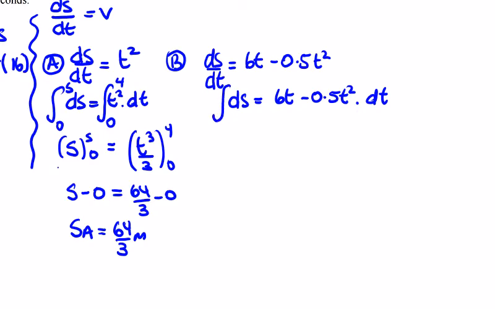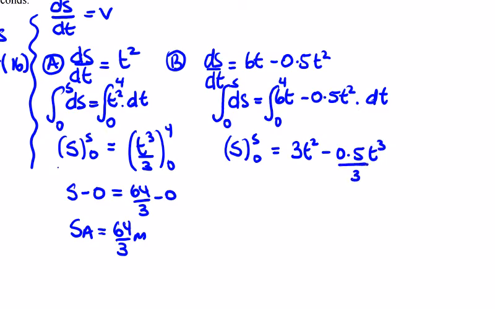So if we integrate both sides and find the distance in the first 4 seconds, we'll get s. You could skip a stage if you wanted, but don't. 6t squared over 2, 3t squared, minus 0.5 t to the power 3 over 3. And that's between 4 and 0.